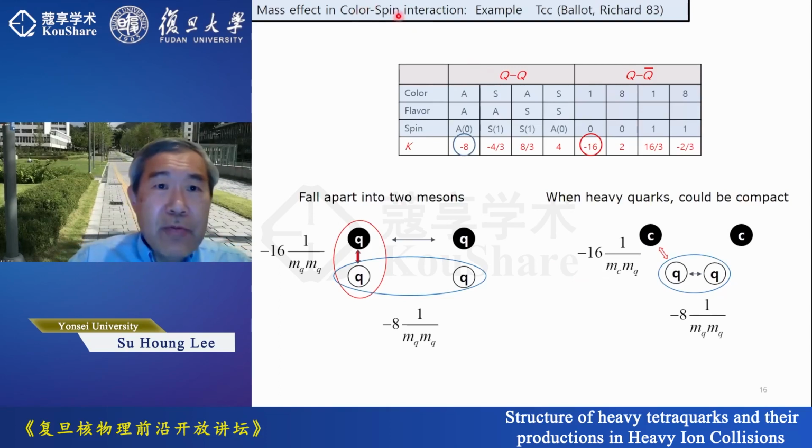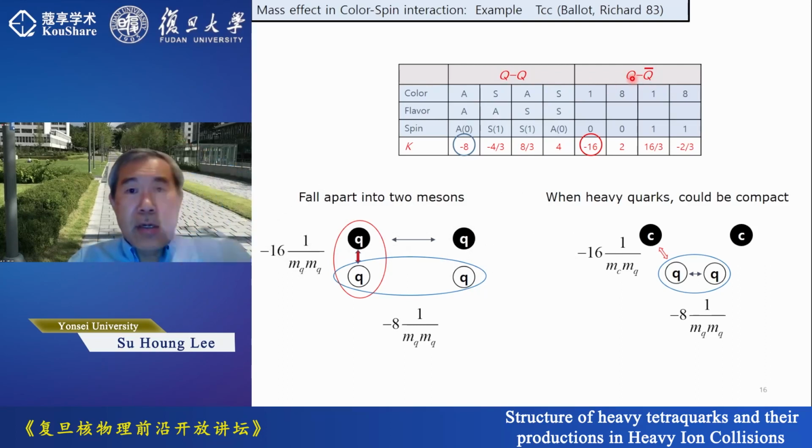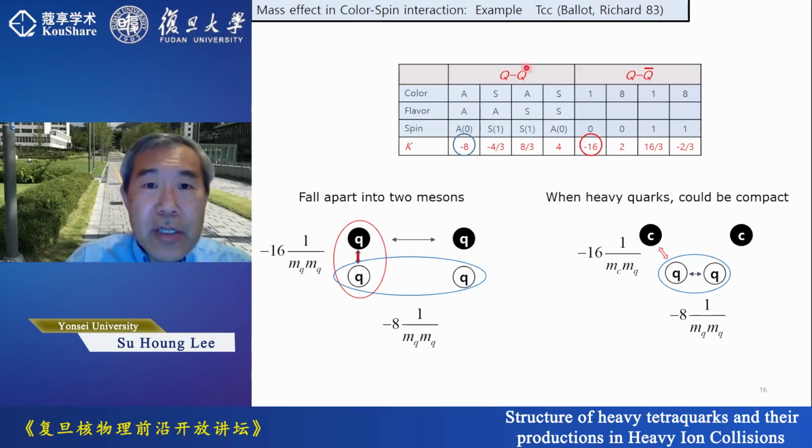Another very important point is the color spin interactions, between quark and quark, and between quark and antiquark. As I said, the quark antiquark attraction in the most attractive channel is larger than the most attractive quark channel, and that causes a problem when you try to put together, for example, a tetraquark, quark antiquark configuration.